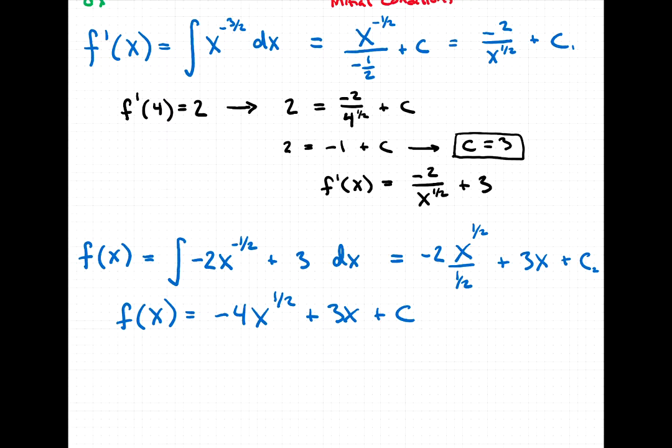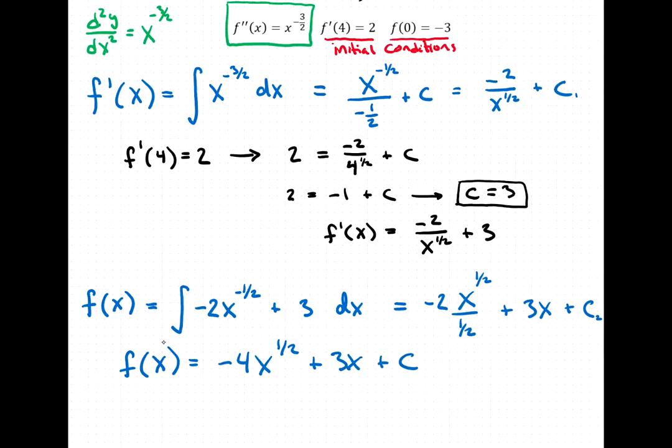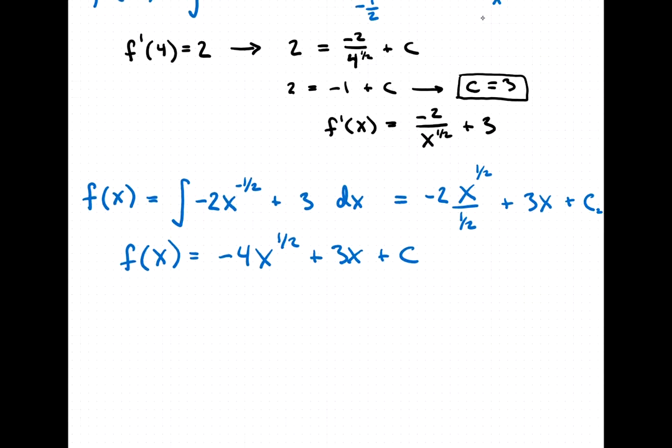And now this is infinitely many functions here. We want the particular function under the second initial condition, that if you plug in 0 for x, you get -3, or f of 0 is equal to -3.